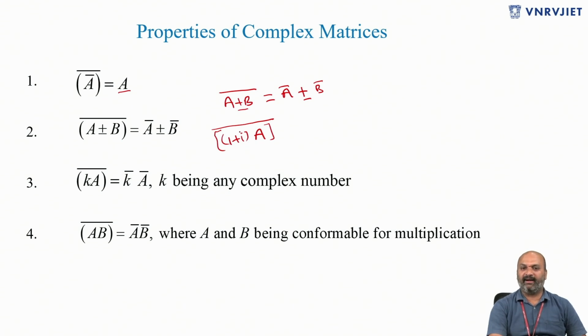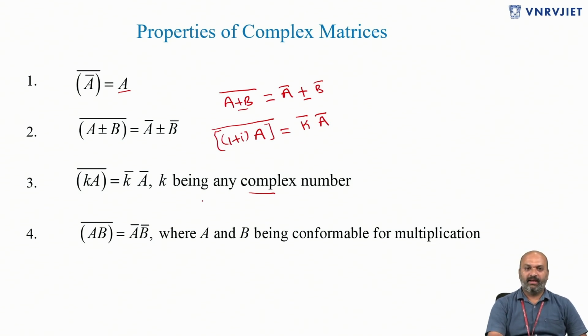Now if you find the conjugate of this matrix, it is simply the conjugate of the complex number into the conjugate of the matrix A. Here K is any complex number.